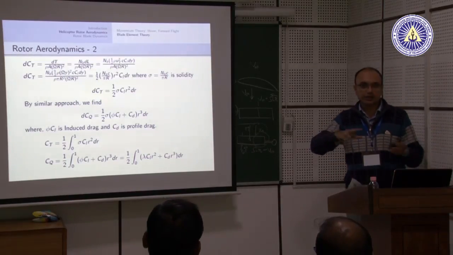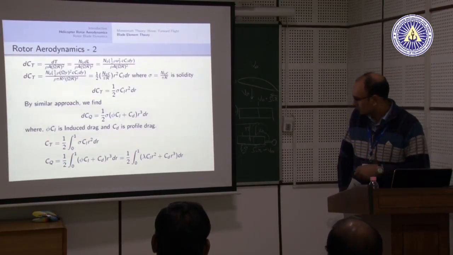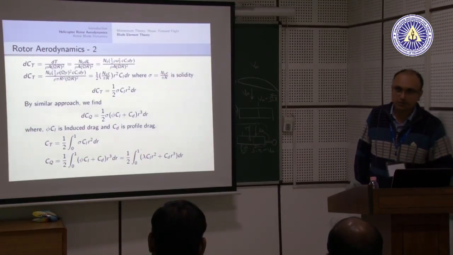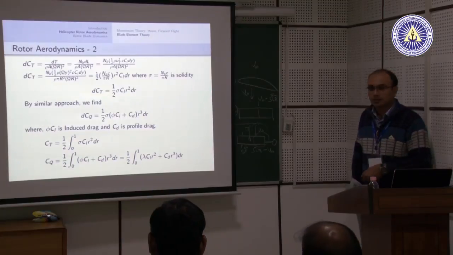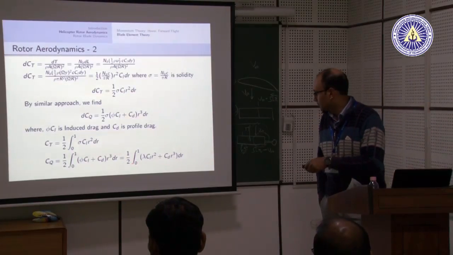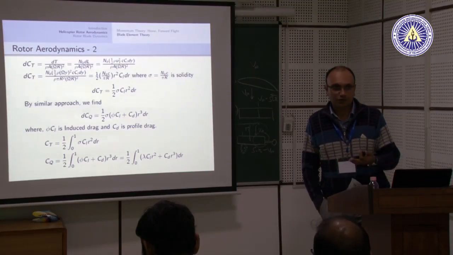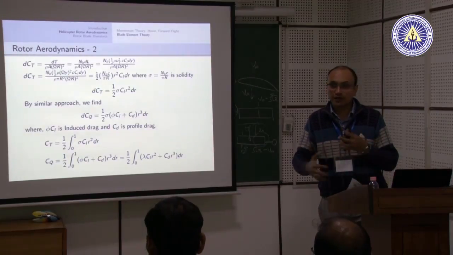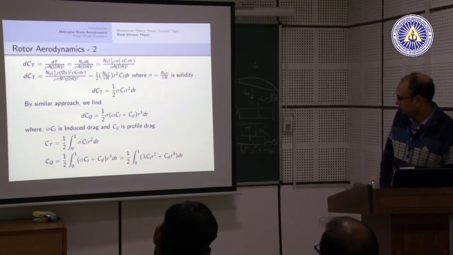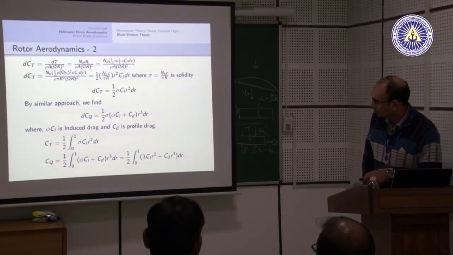Every part will actually generate a different amount of inflow, and there are many ways by which we can estimate this, and there is a lot of research still going on, as I mentioned, to come up with better ways of estimating this inflow. But for control people, I think using something like this is good enough, just for control design. But if you are going to validate your control design with a higher fidelity model, then we may have to employ something better. I will give you an example for that also probably in a while. Alright, so I can now calculate my thrust coefficient and torque coefficient.